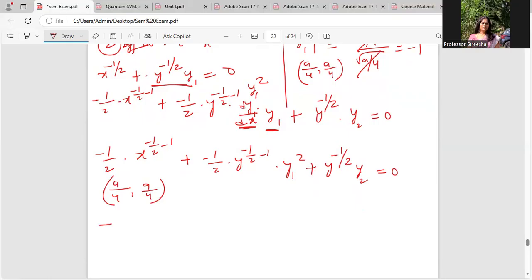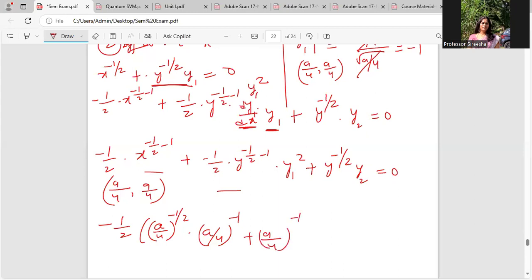Okay. So minus 1 by 2 is common for both these terms. And then I'll be having (a by 4) whole power minus 1 by 2 into (a by 4) whole power minus 1 plus (a by 4) whole power minus 1 by 2 into (a by 4) whole power minus 1, and then there is a y1 square term multiplied, so I have minus 1 whole square, right?